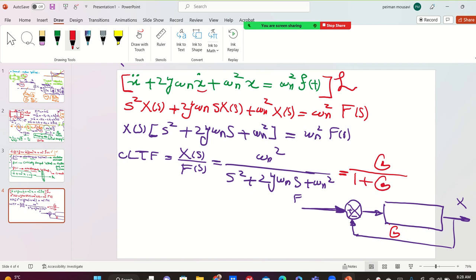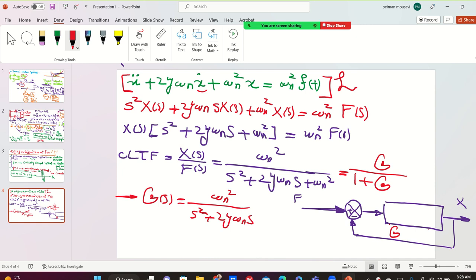So if you do that, I'm skipping that because this is really trivial. This is a high school thing. So G of s, the open loop transfer function, is going to be omega n squared over s squared plus 2 zeta omega n s.